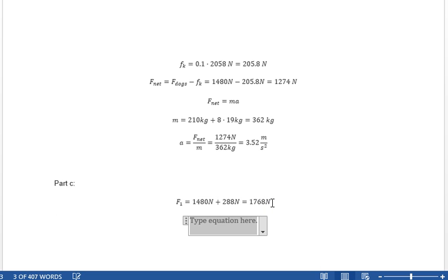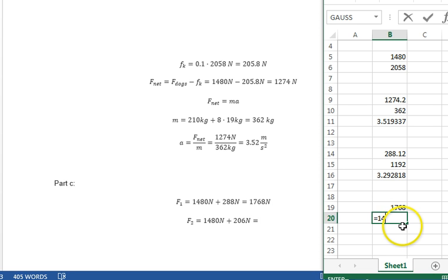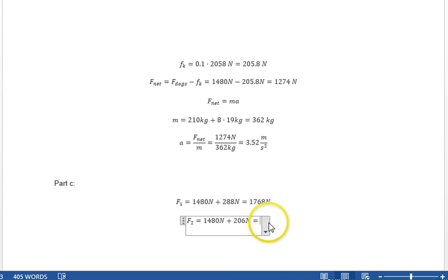And in the second case, it's 1480 newtons plus 206 newtons, 1686 newtons. And that's it for this problem.